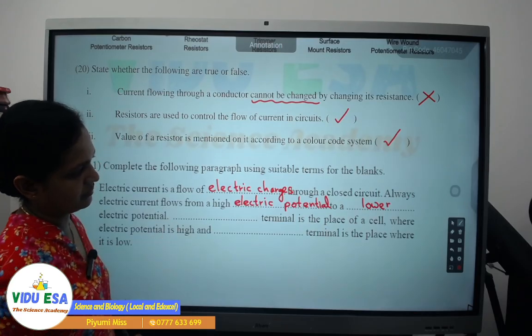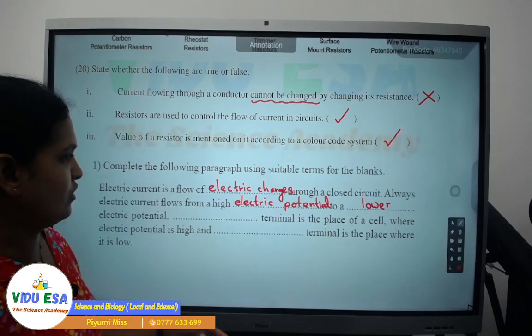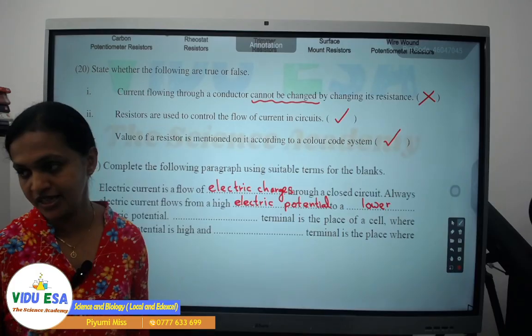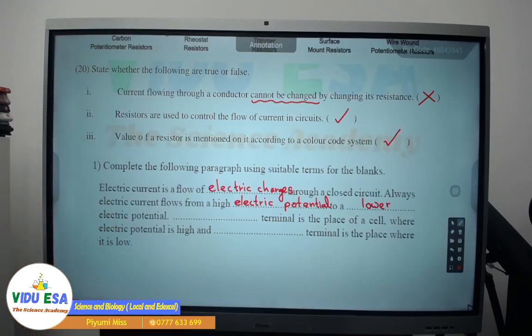Next one. Terminal is the place of a cell where electric potential is high. What is it, Ayatsen? Where do you find the high potential? In which terminal?